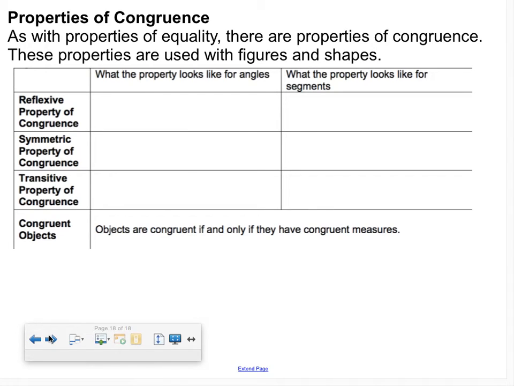All right, so properties of congruence. Just as a little side note, a reflexive property of congruence for angles would look something like this. So remember, reflexive usually means it's equal to itself. For segments, AB is congruent to AB. Sometimes you can remember the order can switch.